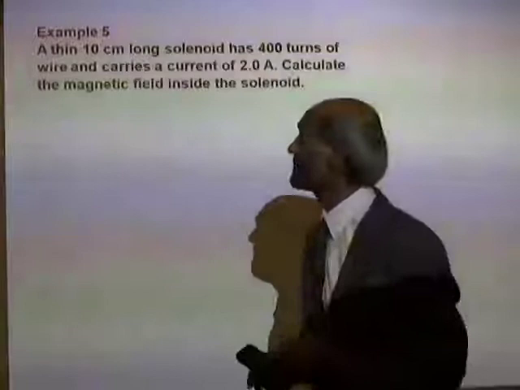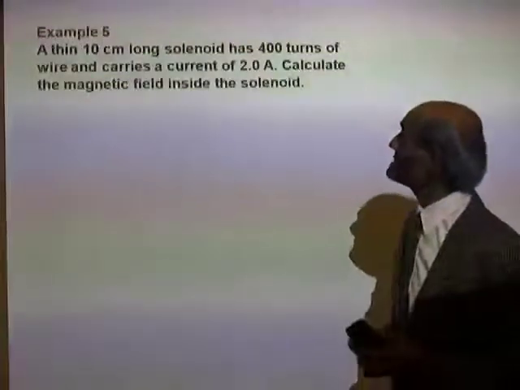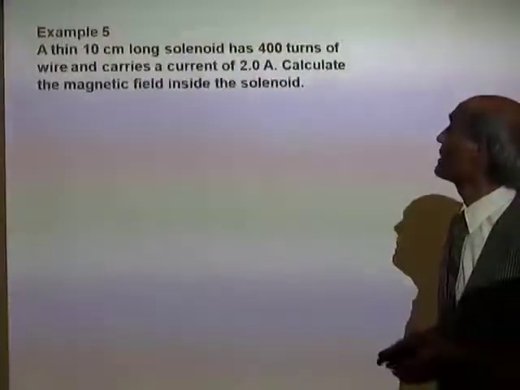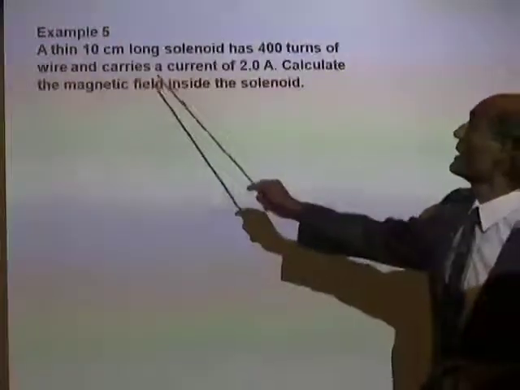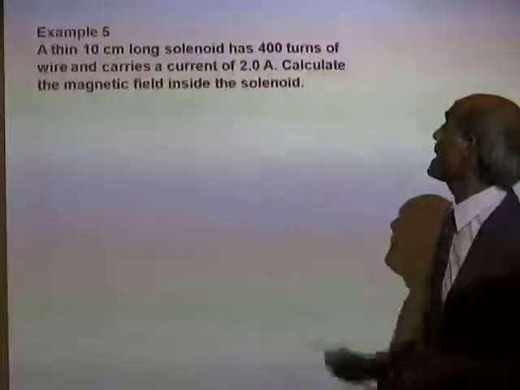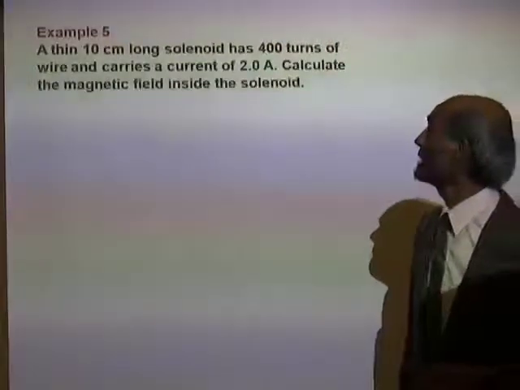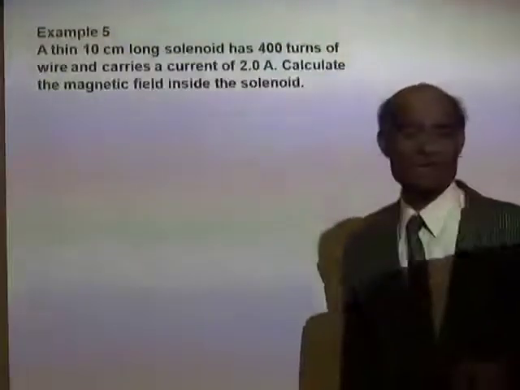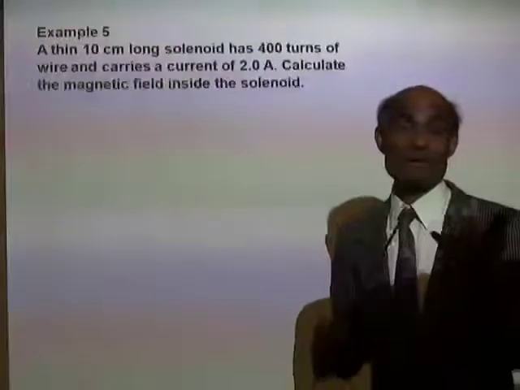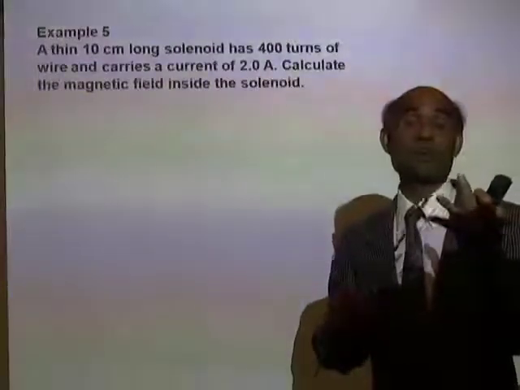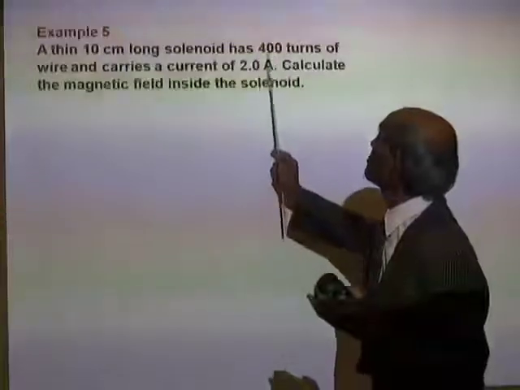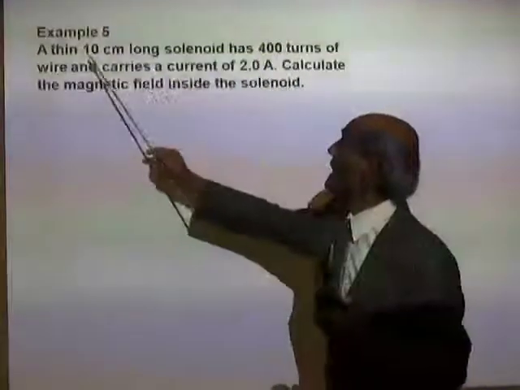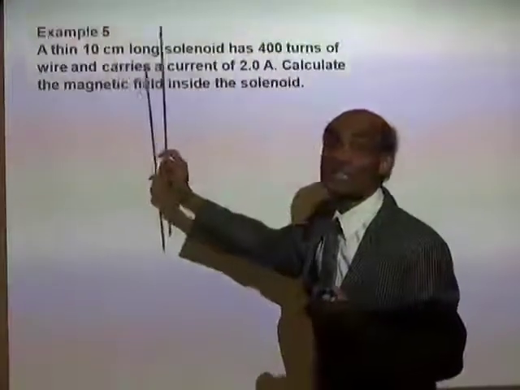Let's do an example. A thin 10 centimeter long solenoid has 400 turns and carries a current of 2 ampere. Calculate the magnetic field inside the solenoid. Well, all we need is mu 0, n and I. The total number of turns is 400 and the length is 10 centimeter.